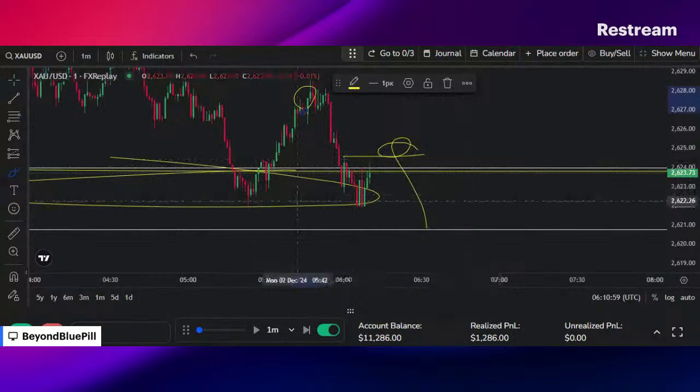And we have first step. This is an equal high. So I'm expecting this to go.